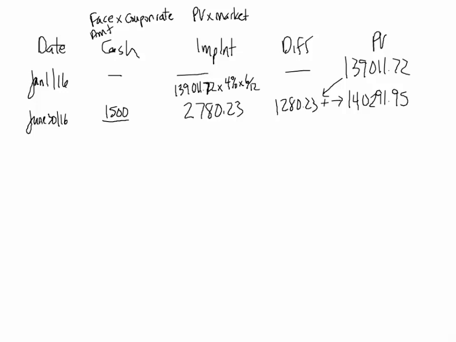Let's do the entry, right? I'm just going to note down these amounts for a second because I just don't want to make a mistake with the amounts. $1,500, $2,780.23, and $1,280.23. Okay, so now the entry at June 30th, 2016.